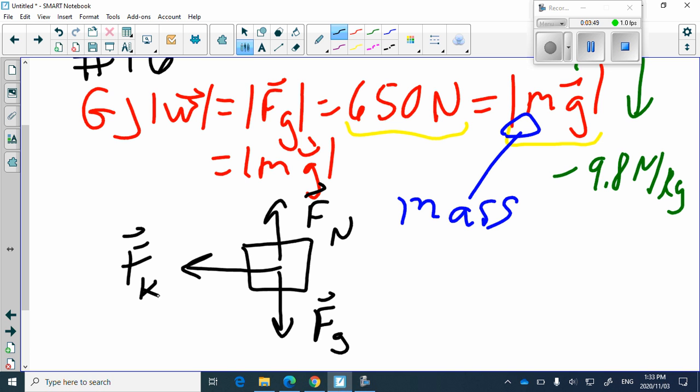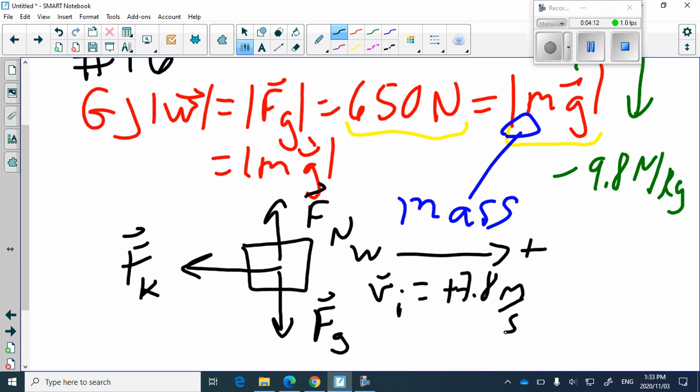All right? Now, what do we know? We're going to let this direction, which I'm going to call west, be positive. We know that the student was moving at positive 7.8 meters per second, but then they slid for a time, delta t, of 0.95 seconds.